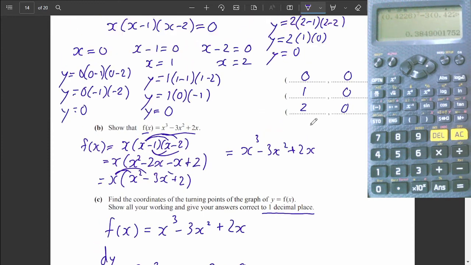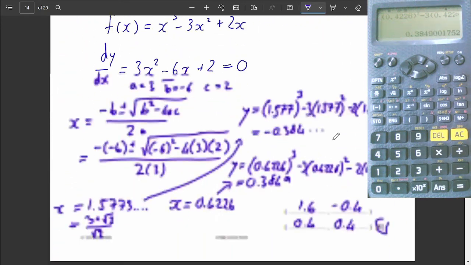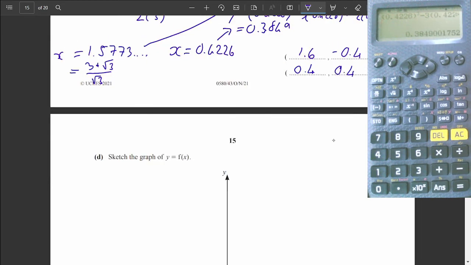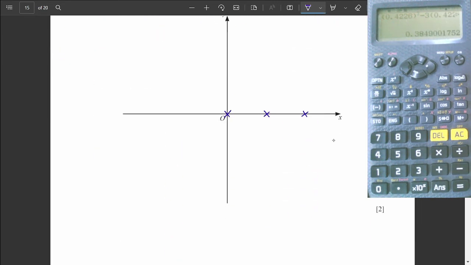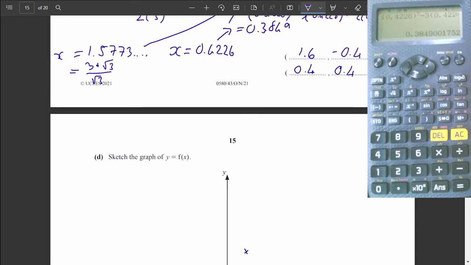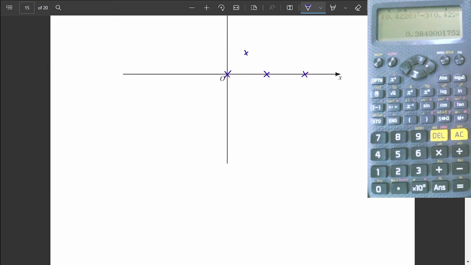First of all, we know where it crosses the x-axis: at 0, 1, and 2. Then we know the turning points. We know the 0.4, 0.4, so they're both positive. And the other one is 1.6 and minus 0.4, so that's going to be in the fourth quadrant over there.